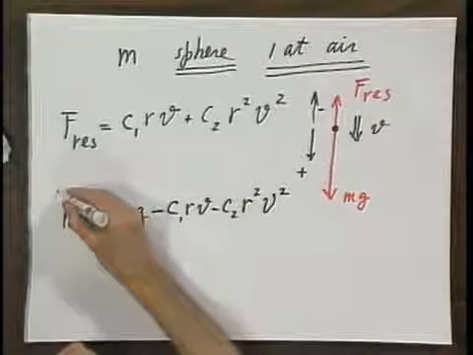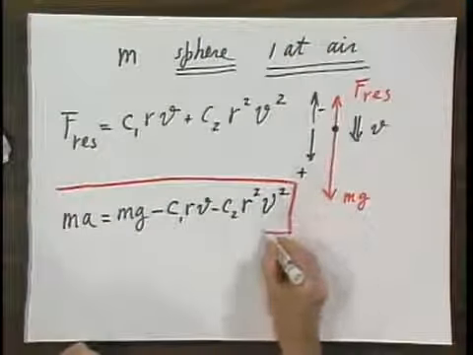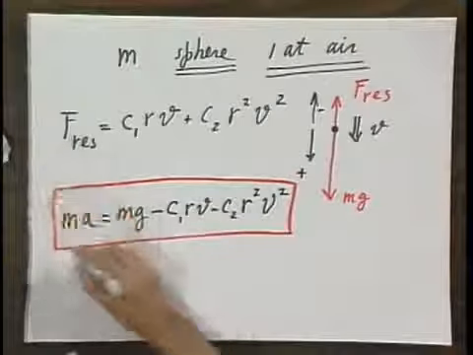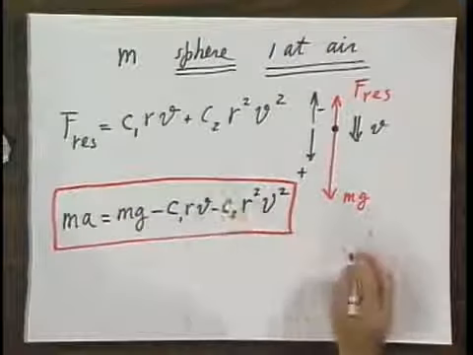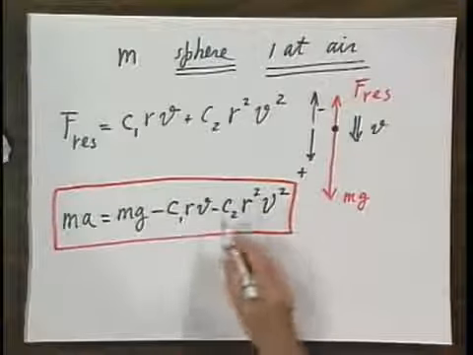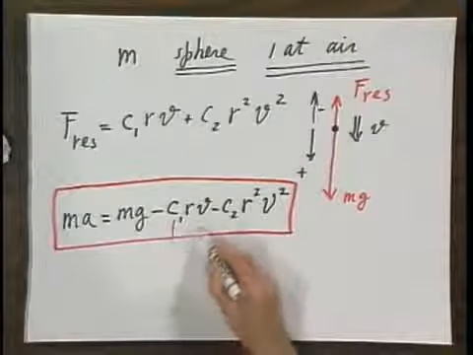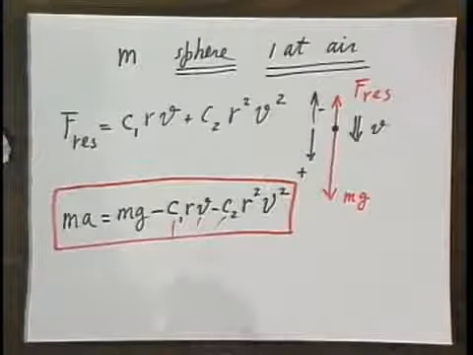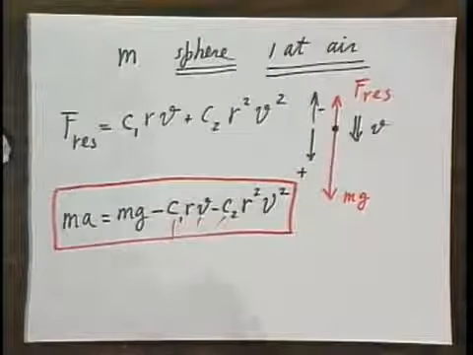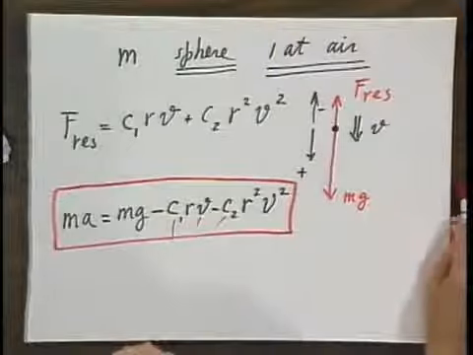So this is my one-dimensional representation. I don't have arrows over here to remind you that they are vectors, because the minus signs take care of that. c1 is a positive number, v is a positive number, and c2 is a positive number, and then the minus signs automatically take care of the direction.